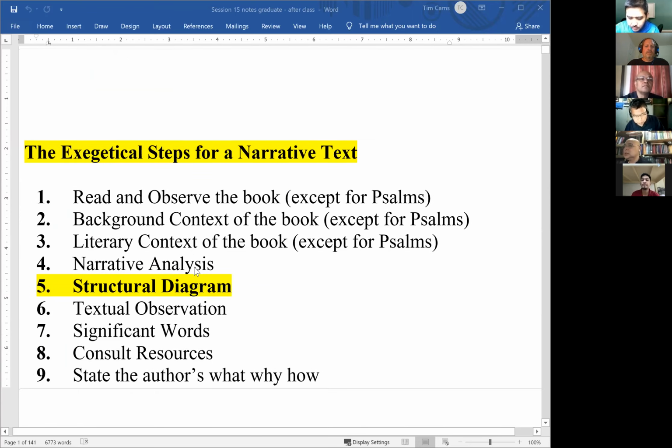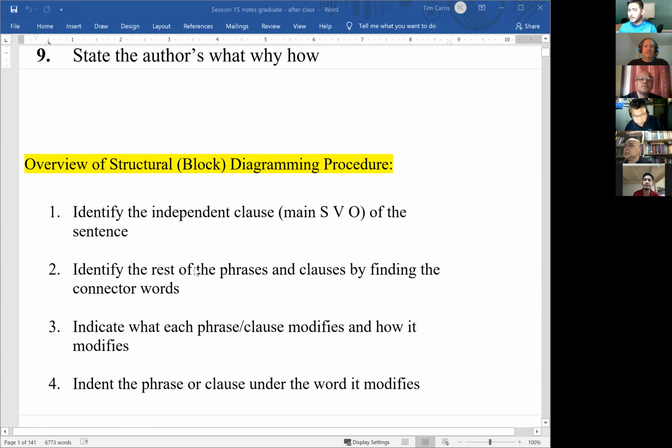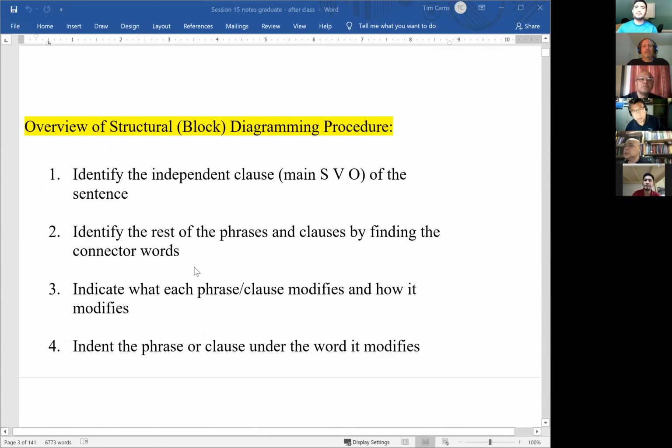Our focus has been on some of the details in the diagramming procedure. We've spent time on the first step, which is to identify that main sentence, that main independent clause in the sentence, because that is the core. You can think of that as the root of the tree. Everything comes from that in a given paragraph.